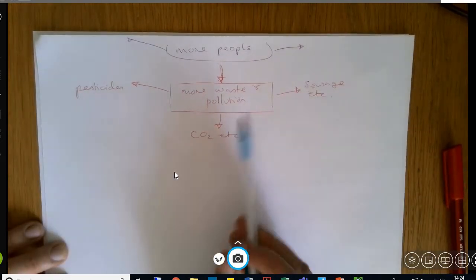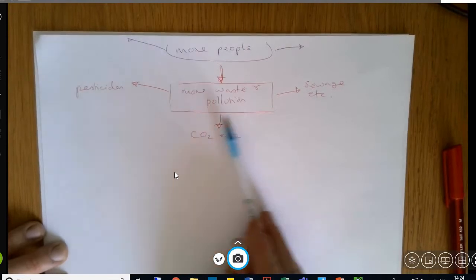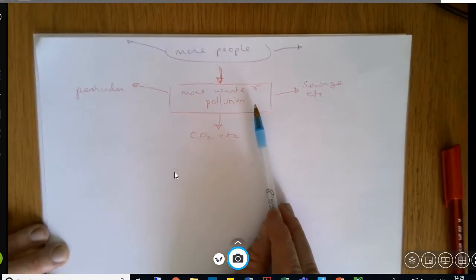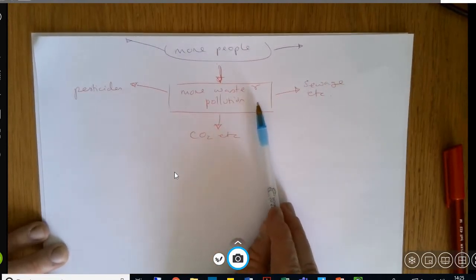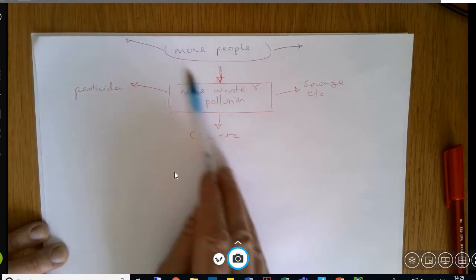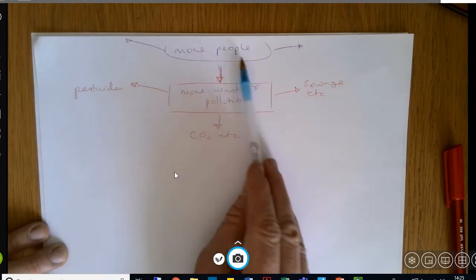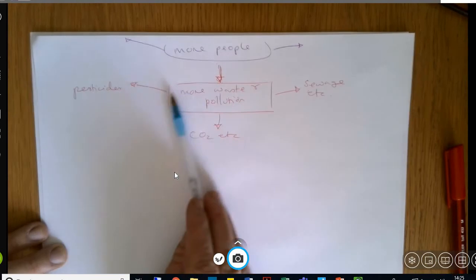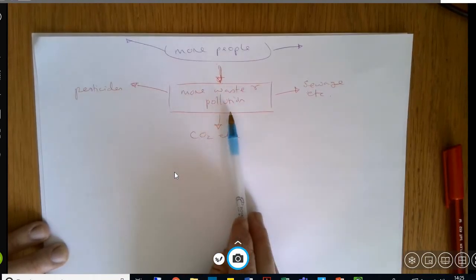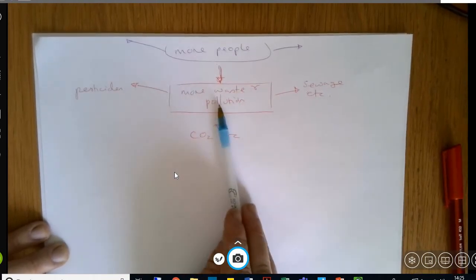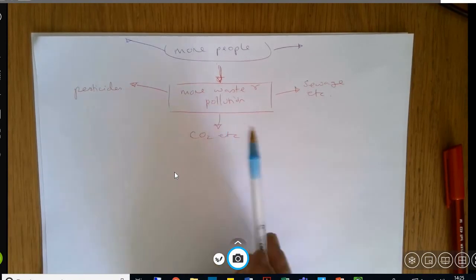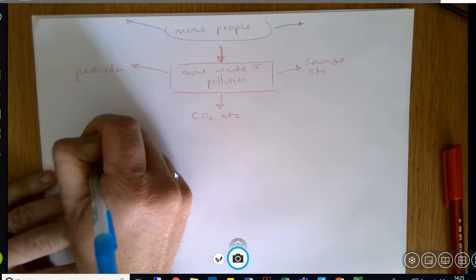Hopefully you're familiar with the bottom part of this flowchart that we looked at last lesson, the effects of increases in population. At the bottom of that we talked about more waste and pollution, and this is what we're going to focus on today. So we're looking at the different types of pollution.